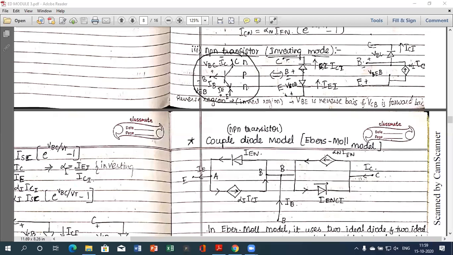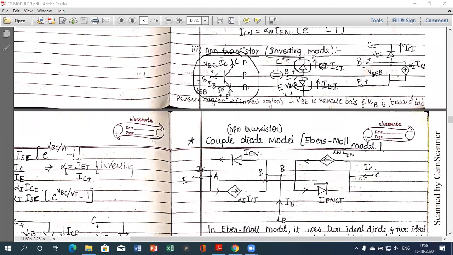Now it operates in inverting mode means this is reverse biased, this is forward biased. I hope you guys get it. So this is a diode which represents base to emitter. This is the diode which represents collector to base.